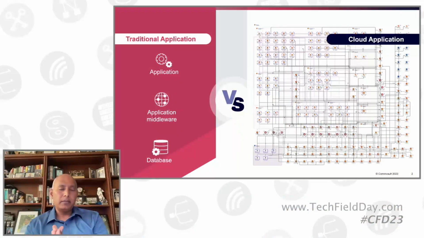So when we look at a cloud application, what you see on the right-hand side looks like an electronic circuit board. This is not an electronic circuit board. This is a real-world cloud application environment in an AWS customer region.